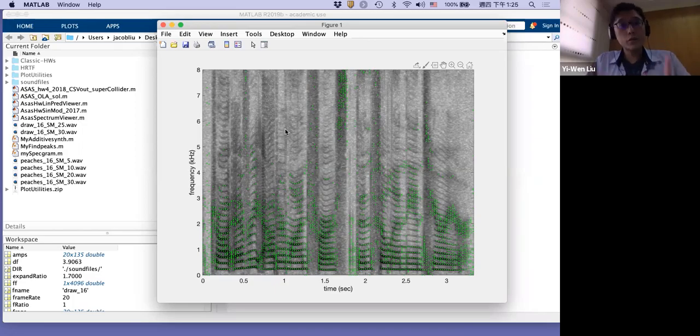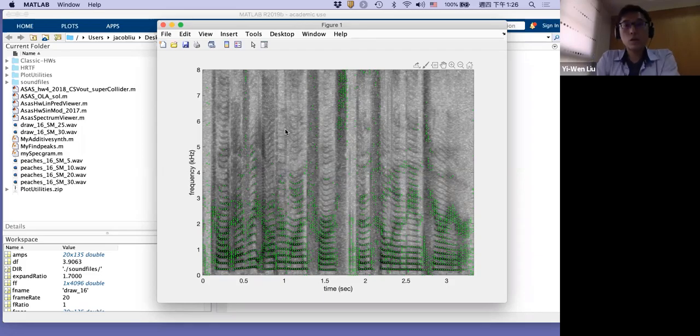Sinusoidal modeling, the first step of all is to identify peaks. What does a peak in the spectrum mean? A peak in the spectrum just means that the energy is concentrated there; there could well be a tone, a sinusoid. So the peak of the spectrum tells us that there should be a sinusoid exactly at that frequency and with that magnitude.